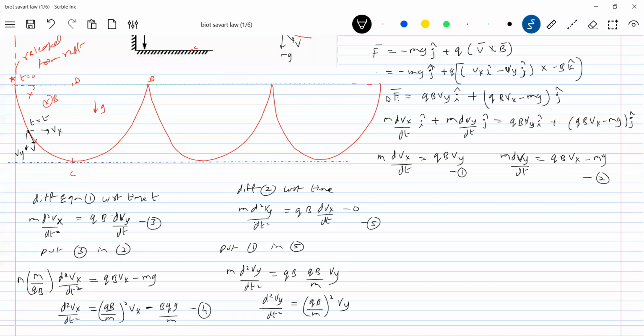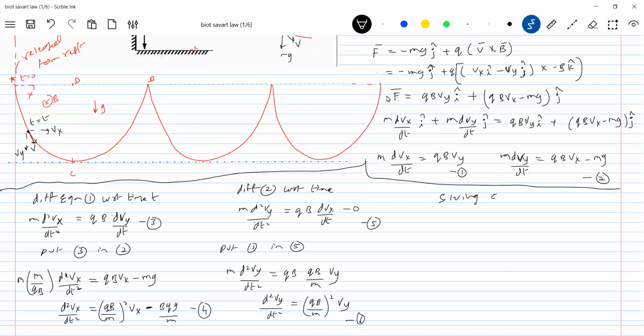What is the general solution of this? Solving, this is equation 6. Solving equation 6, we'll get the expression for Vy equal to V naught sine omega t.